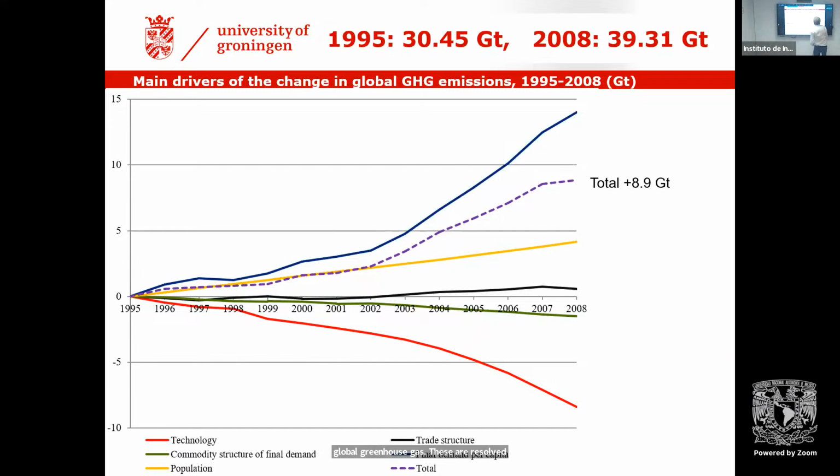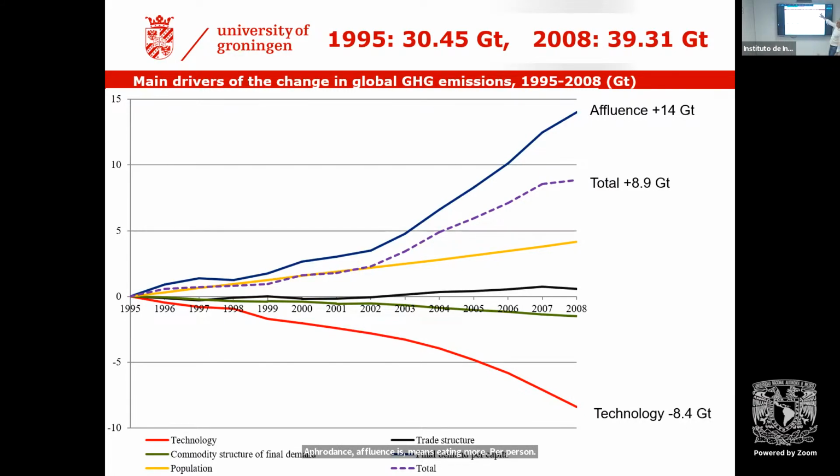So in 1995, the greenhouse gas emissions were more than 30 gigatons. In 2008, 39 gigatons. So the increase, that is the purple line, is almost 9 gigatons. Affluence means eating more per person.